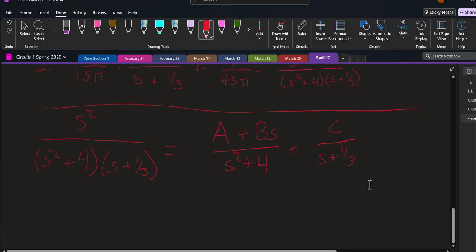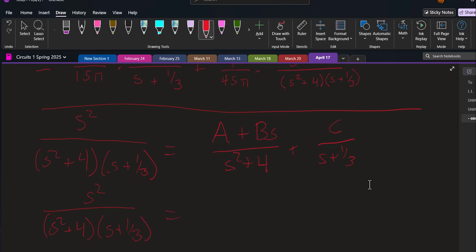So now I'm trying to find these coefficients. I know that s squared over s squared plus 4 times s plus 1/3 equals, if I got a common denominator here, a plus bs times s plus 1/3 plus c times s squared plus 4, all over s squared plus 4 times s plus 1/3.